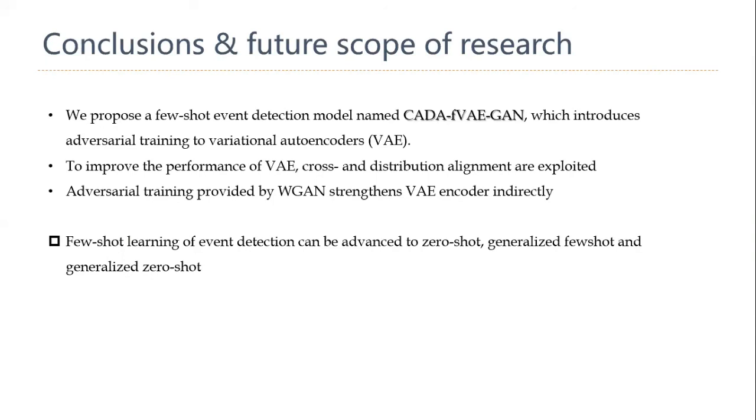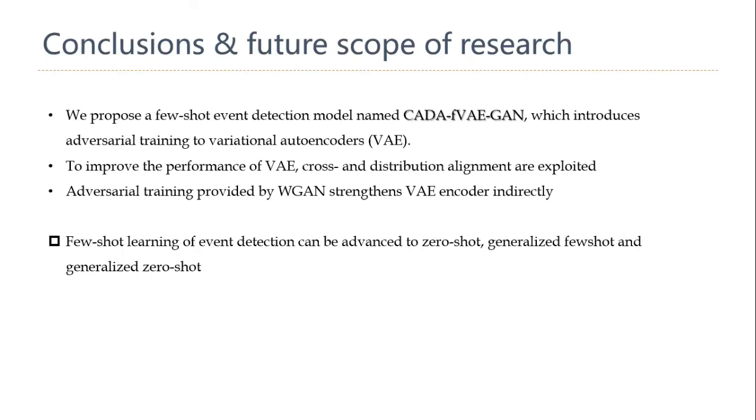And to improve the performance of VAE, cross and distribution alignment are used in our work, with cross-aligned latent representations and reconstructions. And the latent representations are enriched by more interpretable semantic meaning.